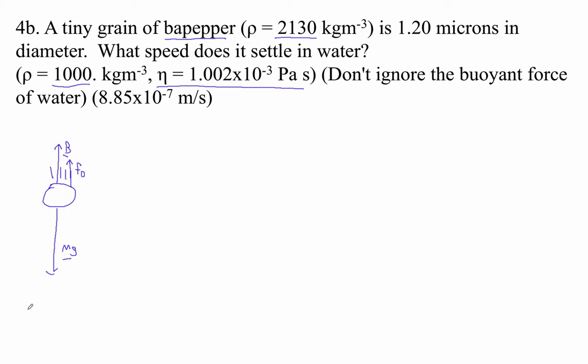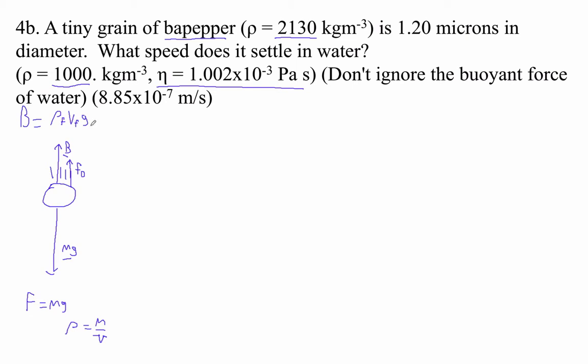Okay, so we're going to use force of gravity is mg, and the density is mass over volume, right? I'll do my volumes with little ears on them there. We're also going to use buoyant force is the density of the fluid times the volume of the fluid displaced times gravity.